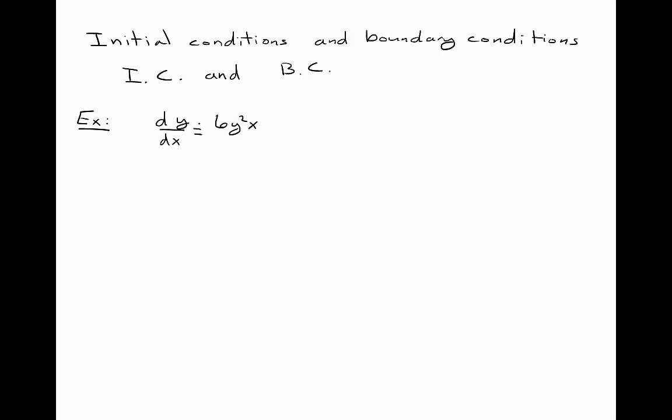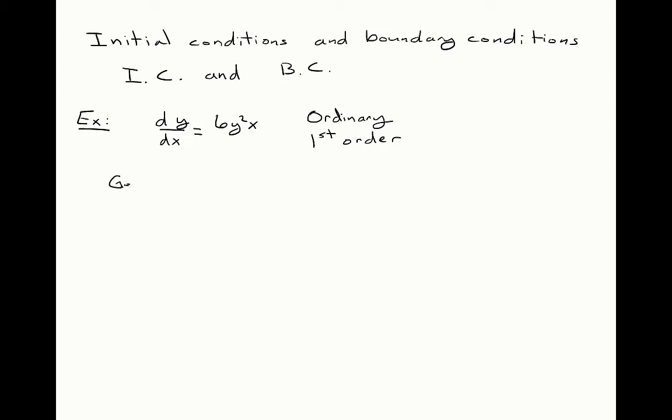And just to say a little bit about terminology, this is an ordinary differential equation because there's only one independent variable. It's a first order equation because it only has a first derivative. If it had a second derivative in it, it would be a second order equation. Okay, so this is your differential equation.